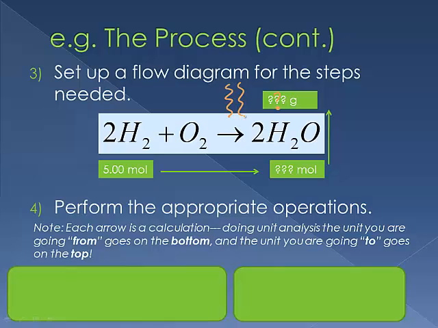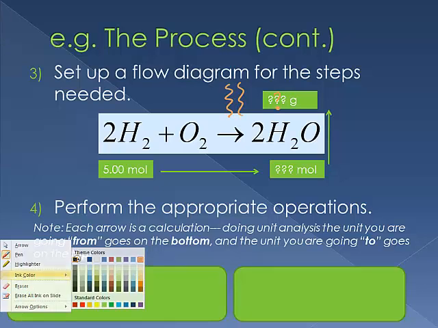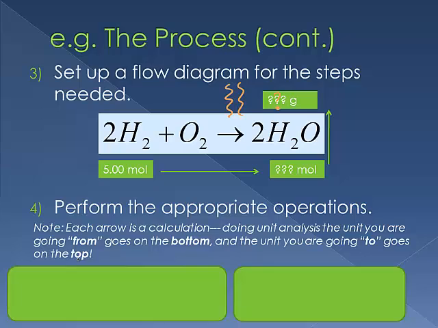Now once you have that set up, it actually will show you how to do the calculations and how to proceed. For example, it tells you that you have 2 arrows, so that means you have 2 steps in your calculation. You always start at the number that you were given in the question.